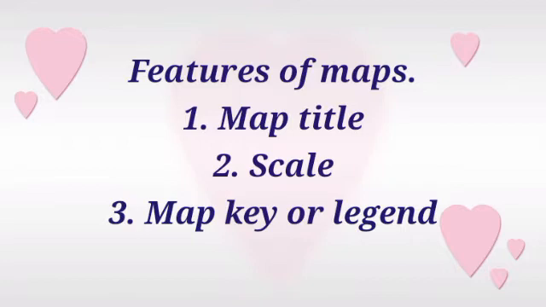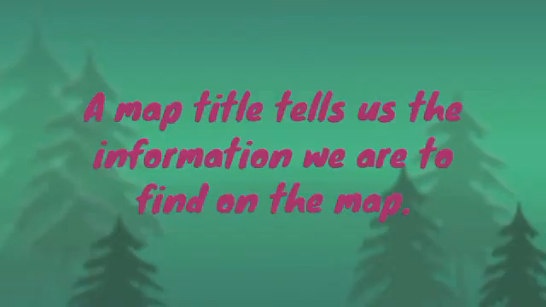Now, the features of maps are map title, scale, map key or legend. Now we're going to talk about these features one after the other. I want you to listen carefully and pay rapt attention. Okay? A map title tells us the information we are to find on the map.